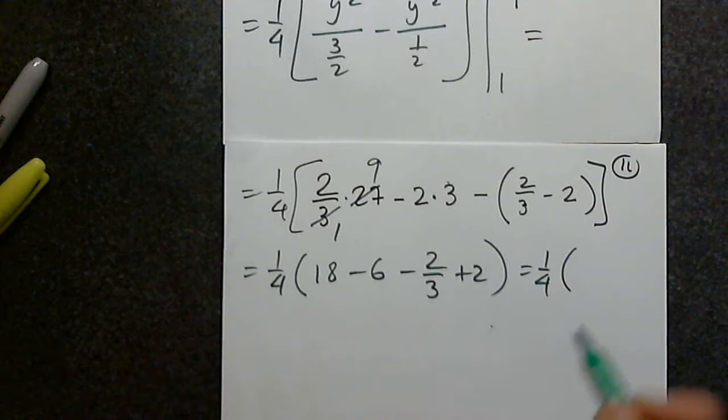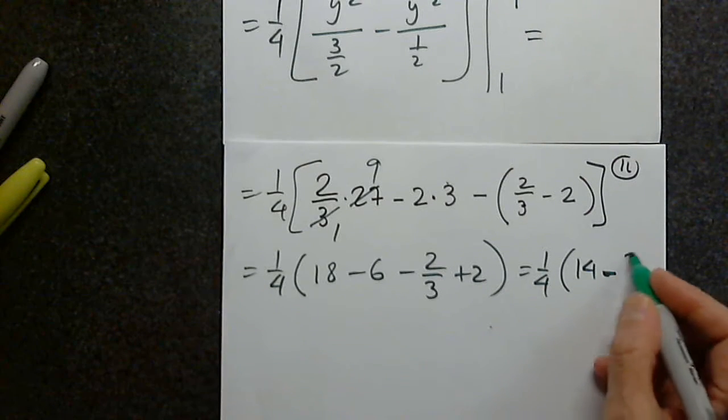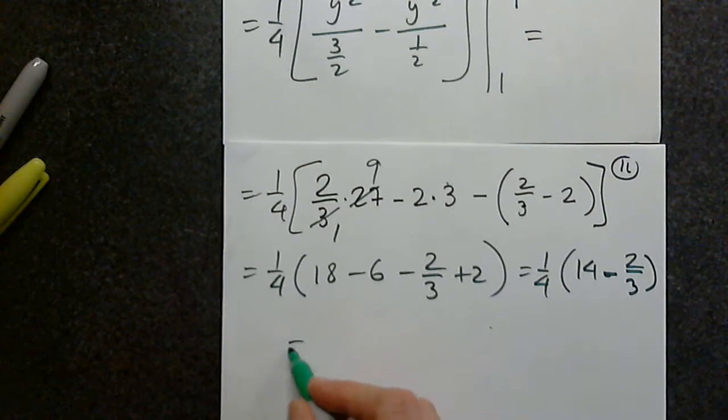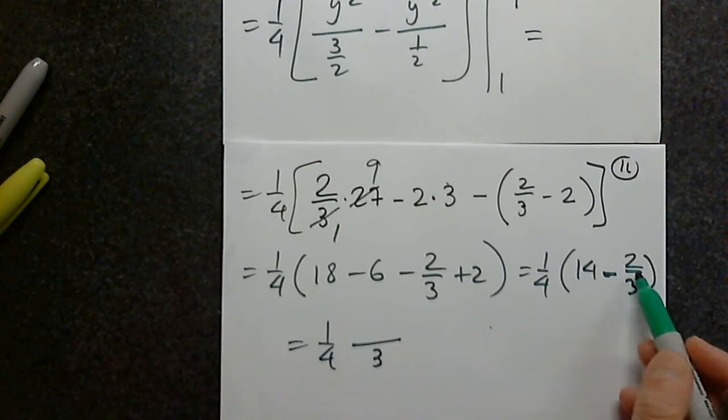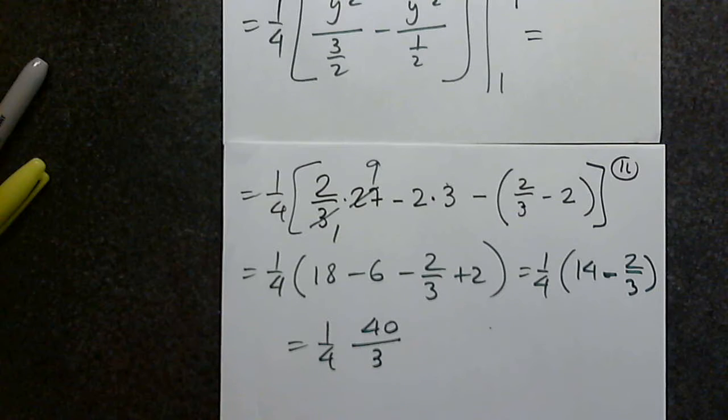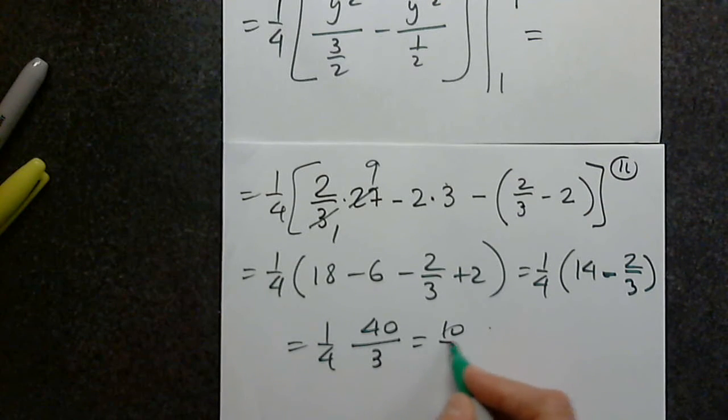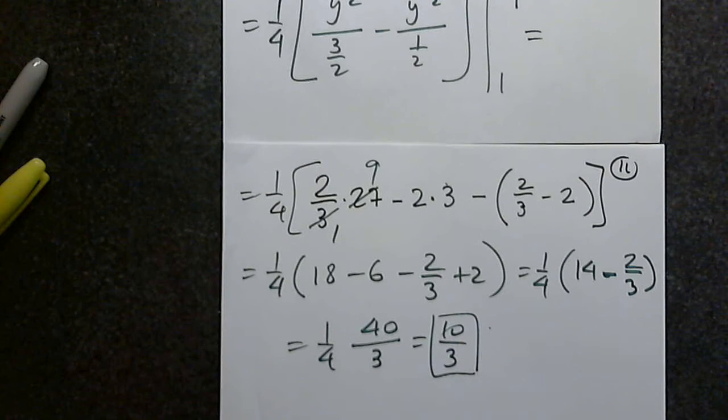So this is 12, 14 minus 2/3. How much is 42 minus 2? And then 10/3. Okay, now feel free to choose anything you want.